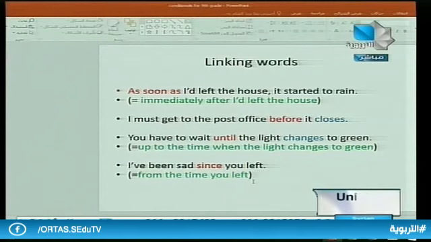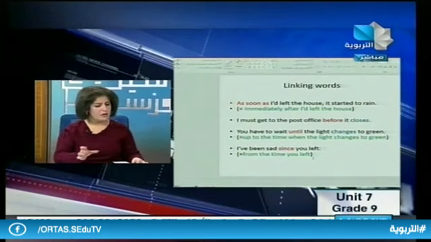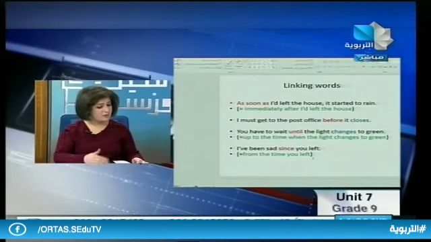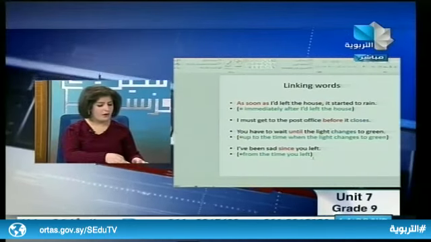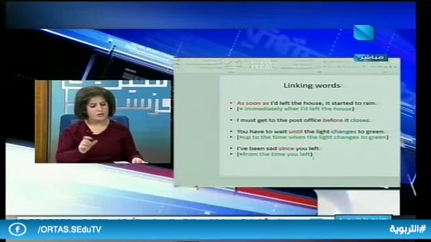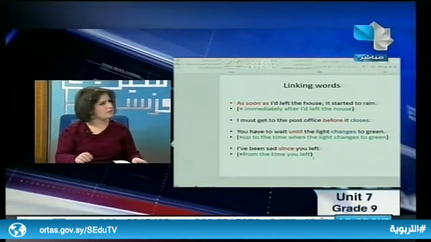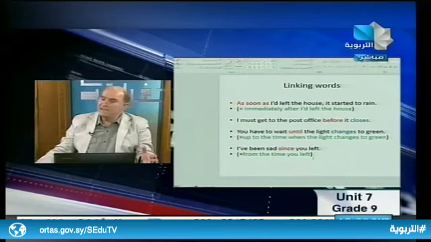I don't have any choice, there is no choice here. I use present simple before, in the first main clause, and I use present simple also after. So here: "I must get to the post office before it closes."